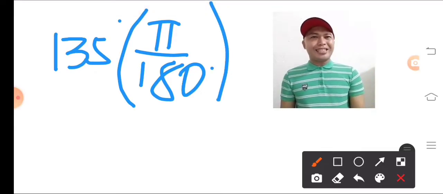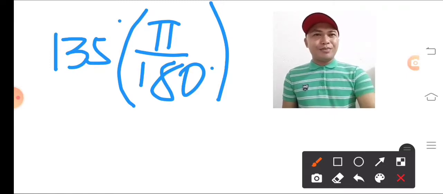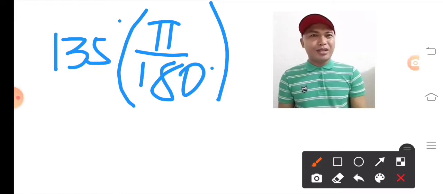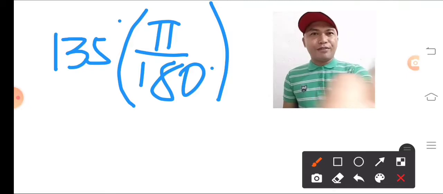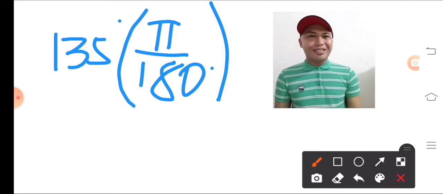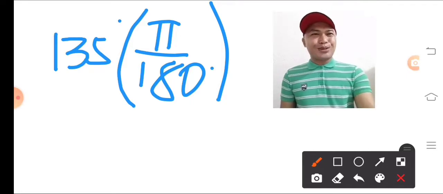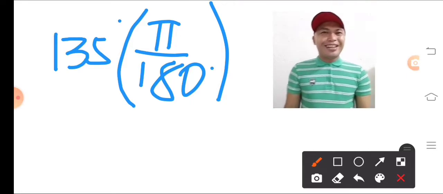You cannot eliminate the 0 because we don't have 0 in our 135. The unit digit is not 0, so you cannot eliminate.